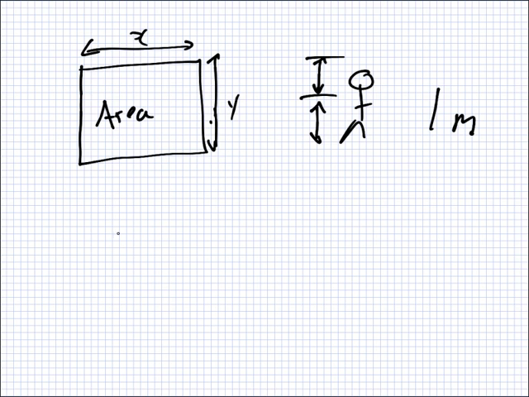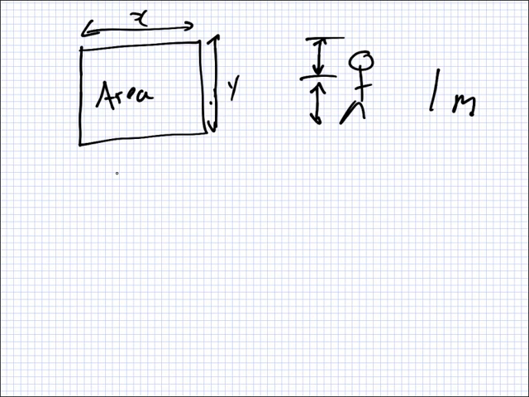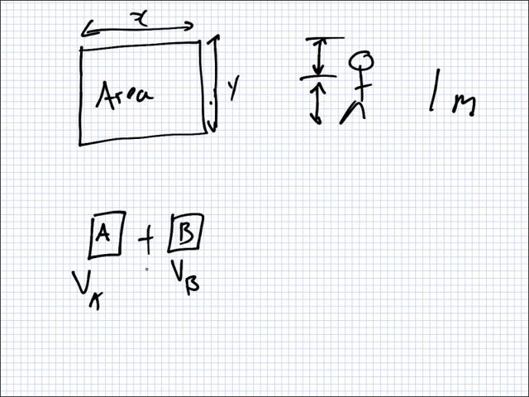No? Okay, well I'll give you an example. Maybe you have to measure the volume of volume A, and then maybe you have to measure the volume of volume B, and you have to add them together, as an example. Okay, so this is how we're combining measurements.